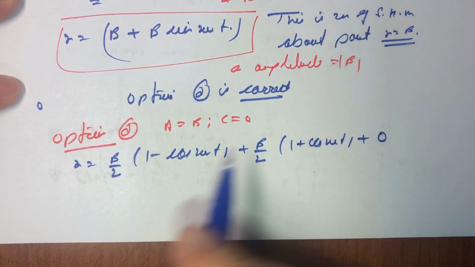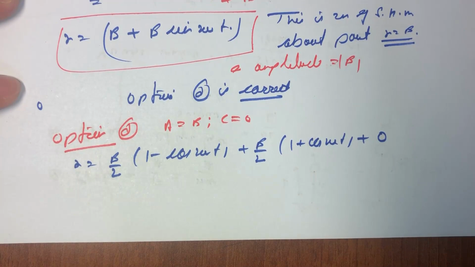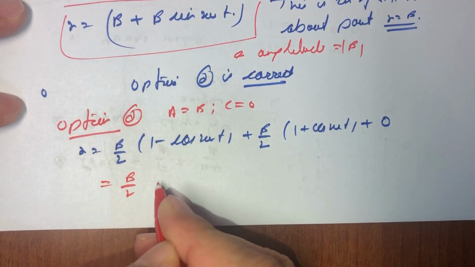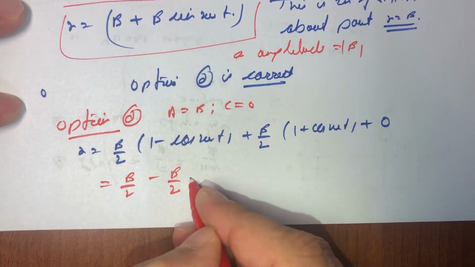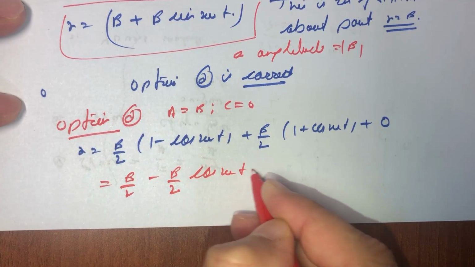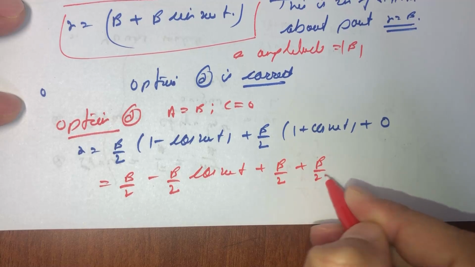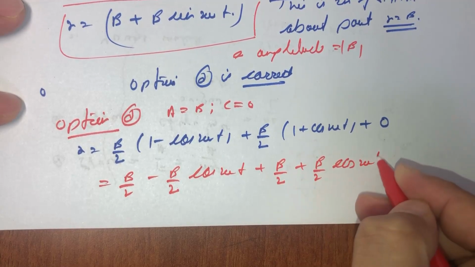C is 0, so this part will be 0. We open the bracket, we get B by 2 minus B by 2 cos 2 omega t plus B by 2 plus B by 2 cos 2 omega t.